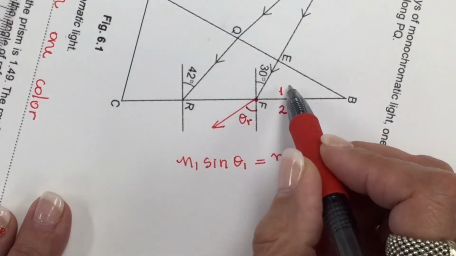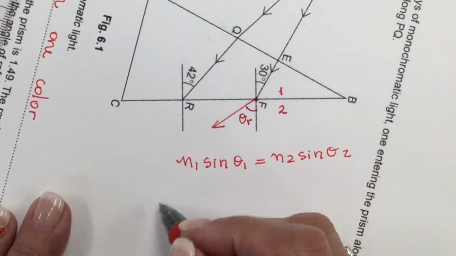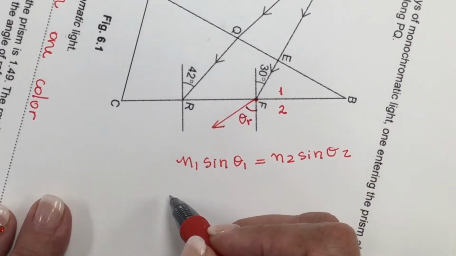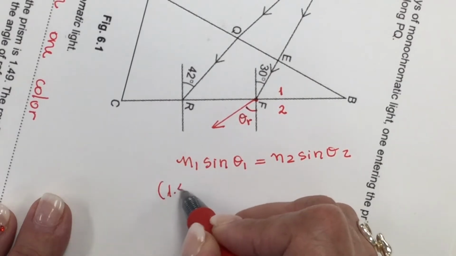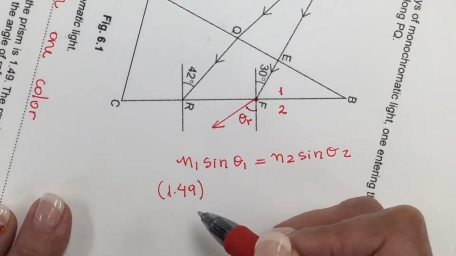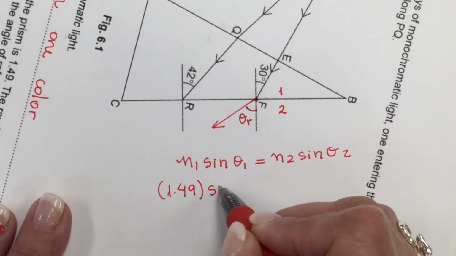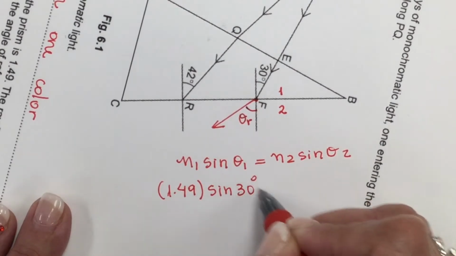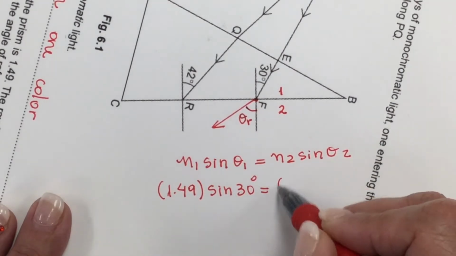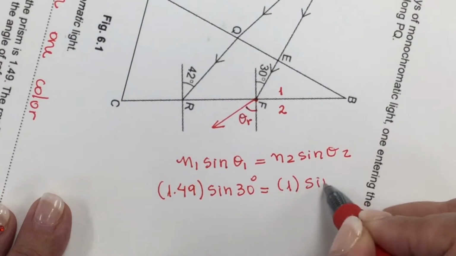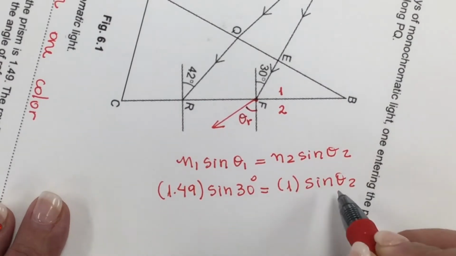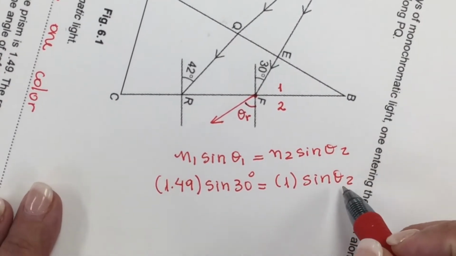So my n1 is the prism, which is 1.49, the index of refraction, the angle of incidence is 30, and 2 is the air, and this is what I'm looking for, the angle of refraction.